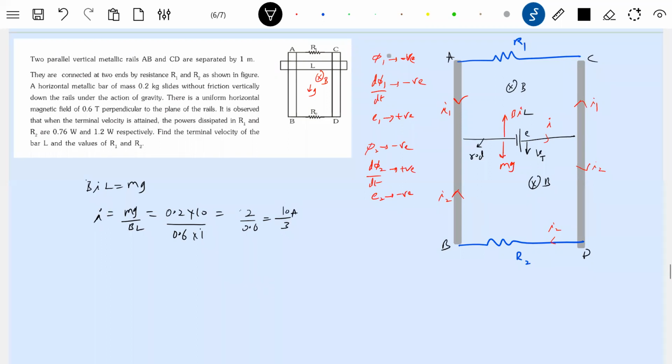Okay, fine. Now we got this current. After this, what to do? Power dissipated is there. Power dissipated P1 should be equal to E square by R1. P2 should be equal to E square by R2. We don't know R1, we don't know R2, we don't know E, but we know P1, P2.